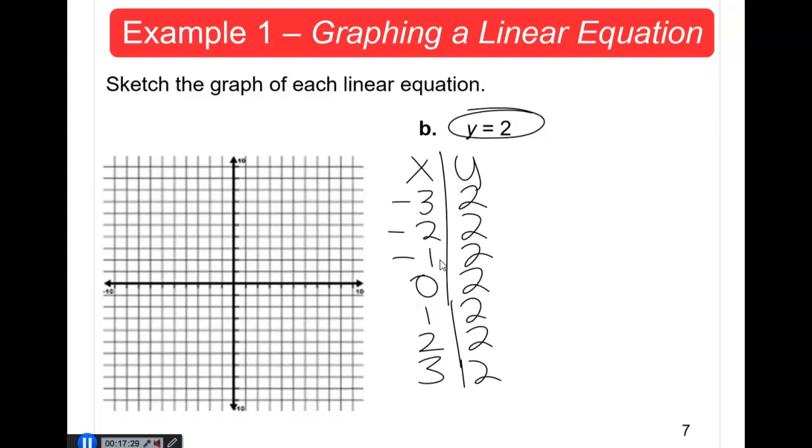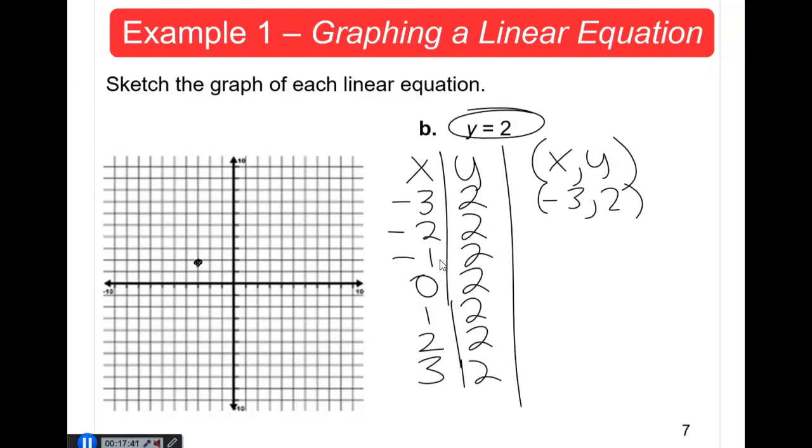And so if I do that, I'm going to plot the points that will come from there. In the form of a coordinate pair, we'll have -3, 2. We'll have -2, 2. We'll have -1, 2, and so on until 3, 2. So I'm going to just plot the points.